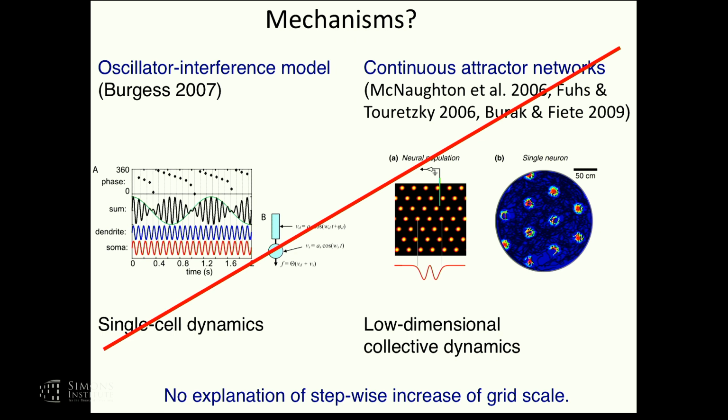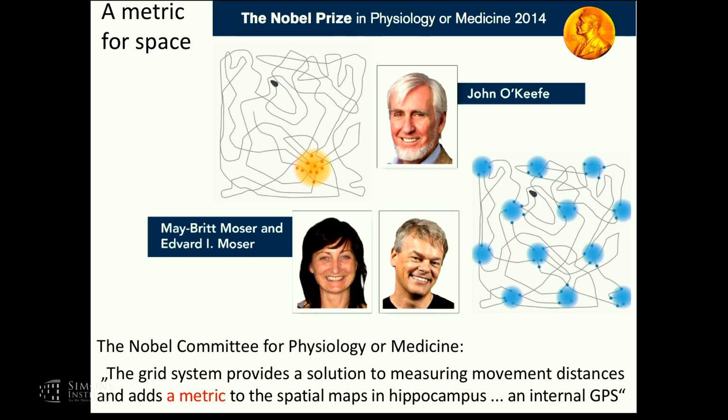And one reason why I will not go into that is because I want to focus on decoding, and because neither of the 2 model classes explains why there is this stepwise increase in grid scale. Are these different layers, or the scale that you're talking about? They are sitting in different subparts of the entorhinal cortex, but one should be careful. There are even intermingled regions where you get different scales at the same location.